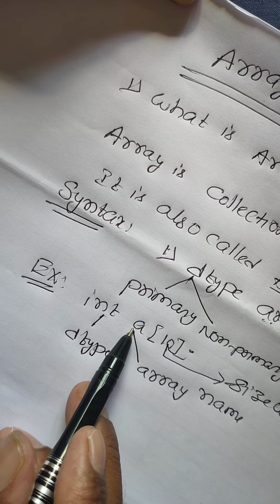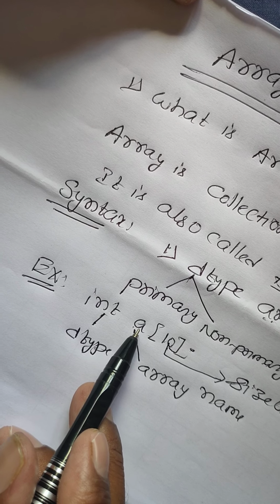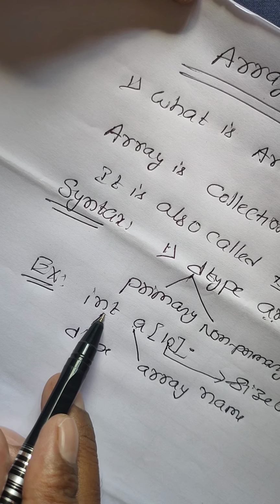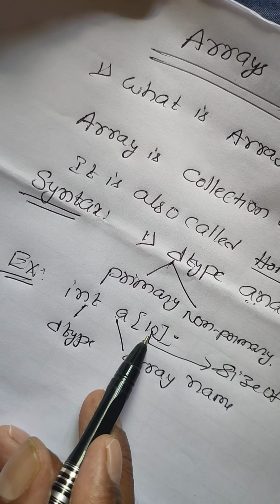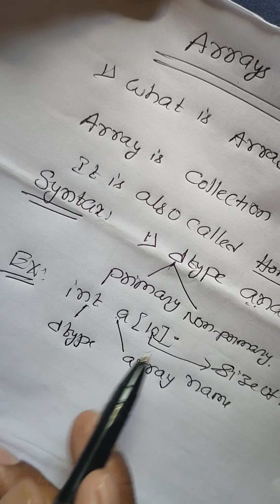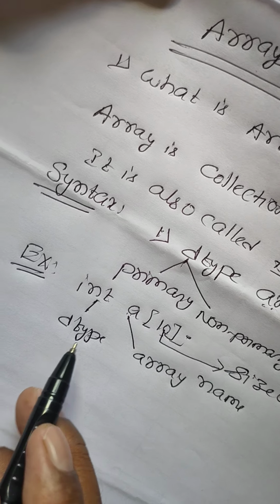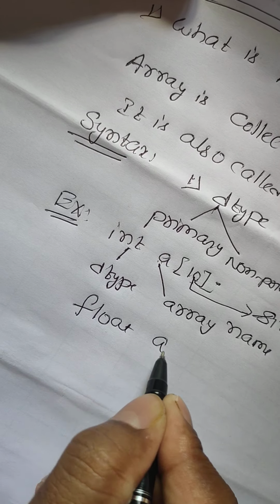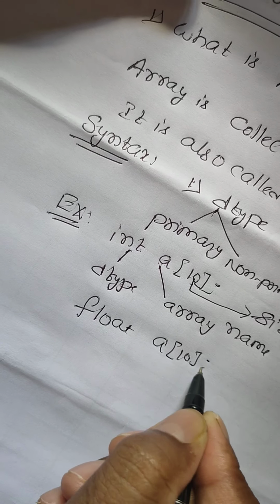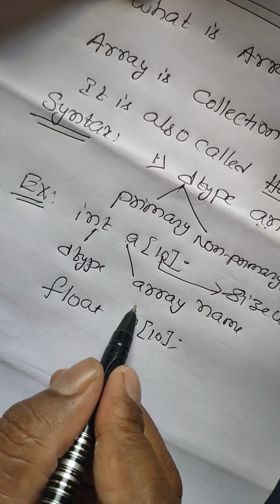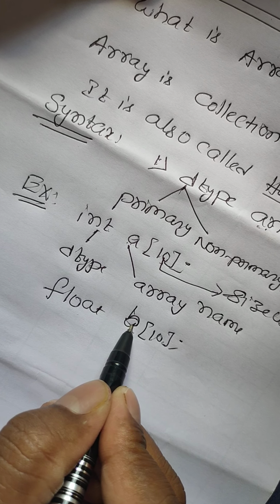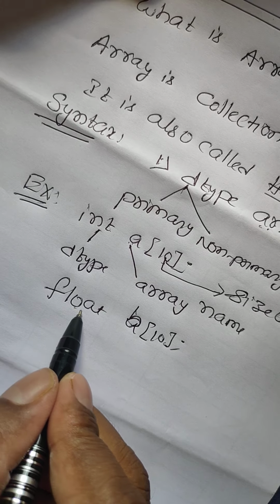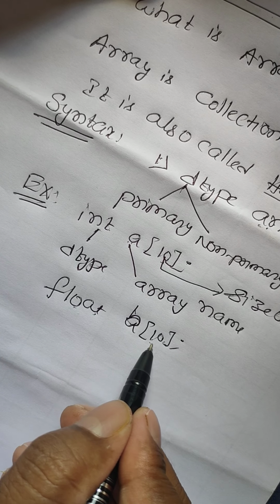The name of the array is a, which can store integer data with a maximum of 10 values. One more example: float b of 10. Here b is an array which can store only float values, with maximum length 10.